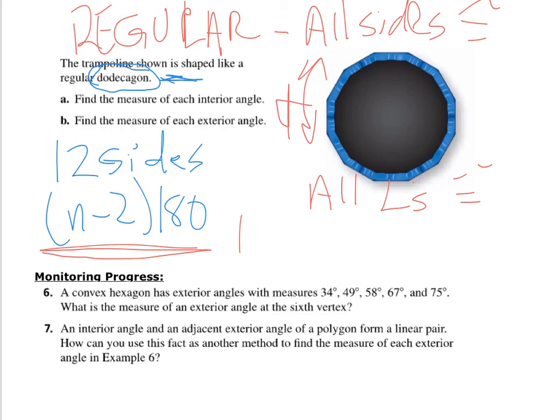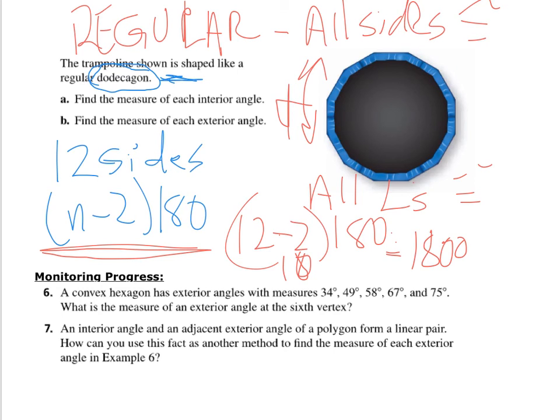So we're going to plug in 12 minus 2 times 180. And 12 minus 2 is what? That's 10, right? And 10 times 180, really don't need a calculator for that, but it would be 1800, right?